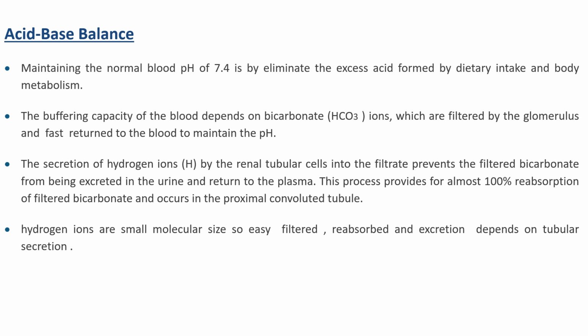The secretion of hydrogen ion by the renal tubular cells into the filtrate prevents the filtered bicarbonate from being excreted in the urine and returns it to the plasma. This process provides almost 100% reabsorption of filtered bicarbonate ion and occurs in the proximal convoluted tubule.